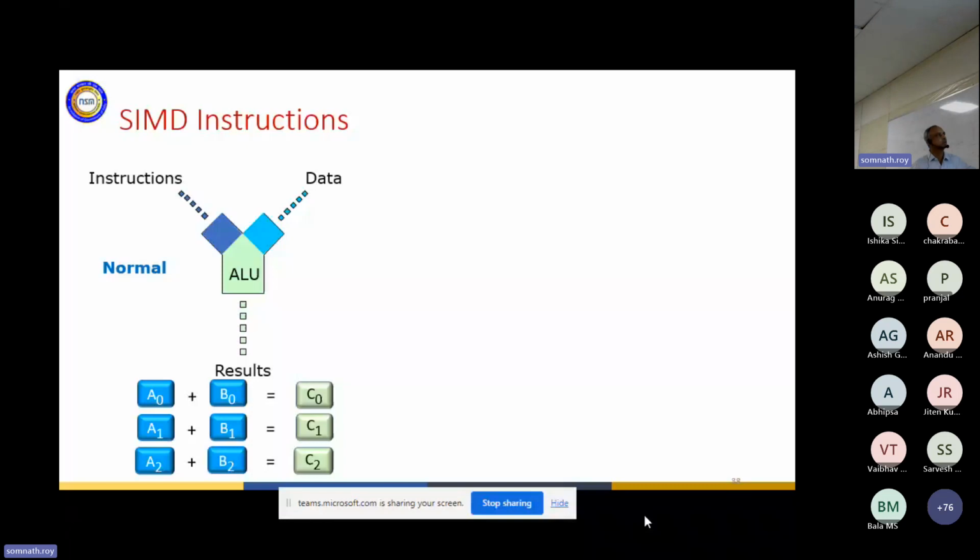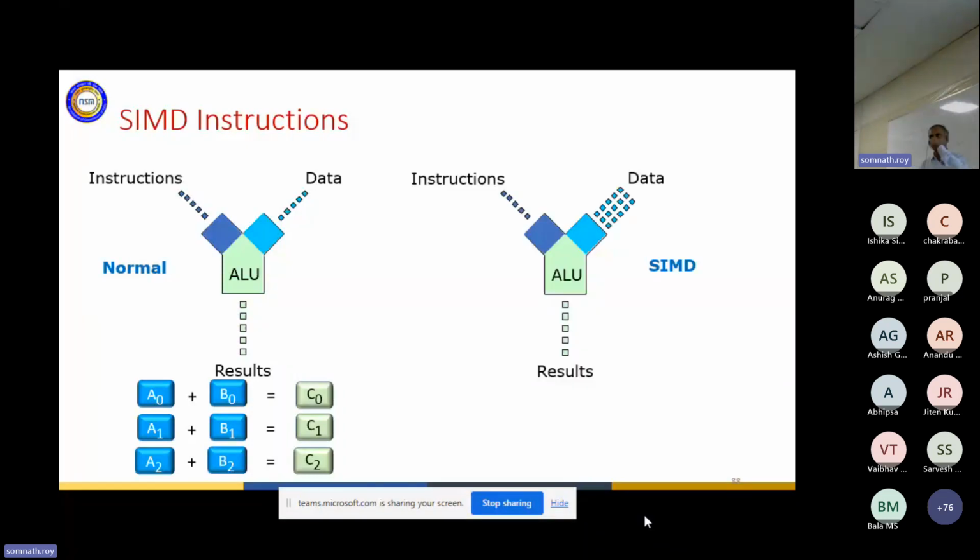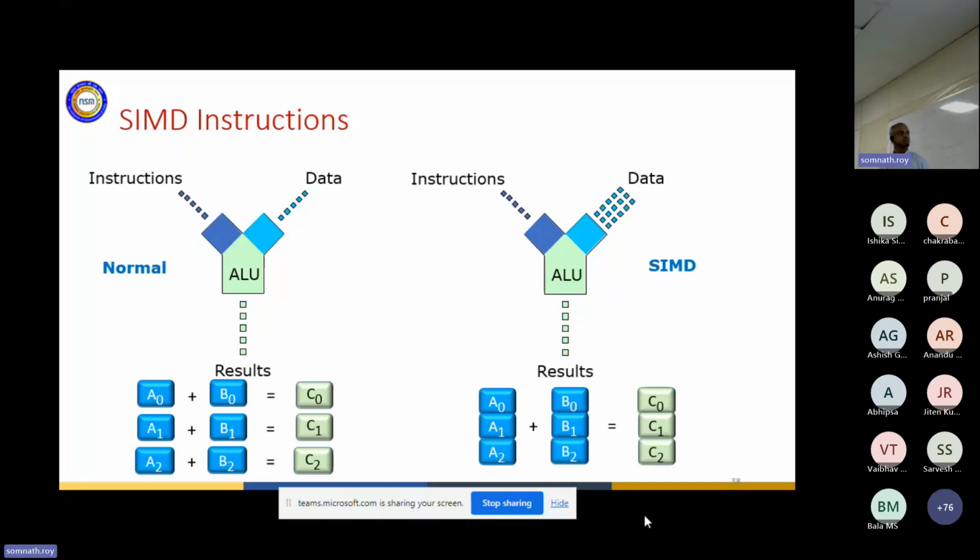Now, how does SIMD work? You can see the data width, because you are doing the same operation on A0 with B0, A1 with B1, and A2 with B2. So here you will have a packed array of A and a packed array of B to generate the corresponding result.